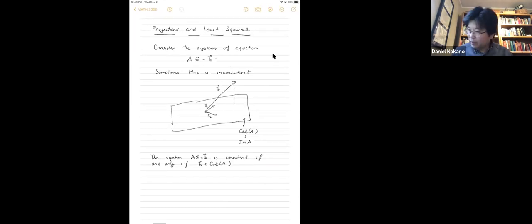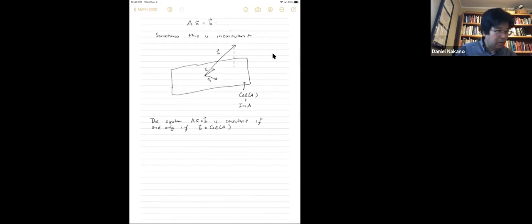All right, so let me state that a little more clearly. The idea is the following. We're going to find values, let's call them X bar, such that the error, which is equal to AX minus B, is minimized.